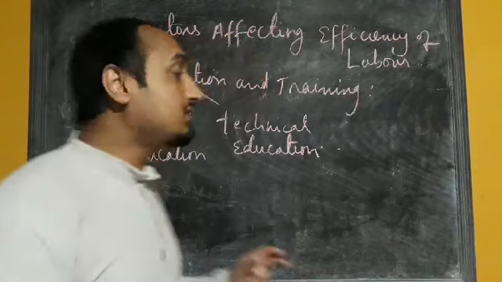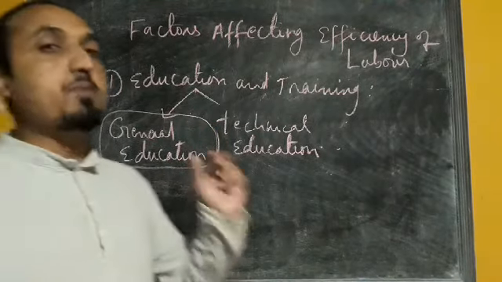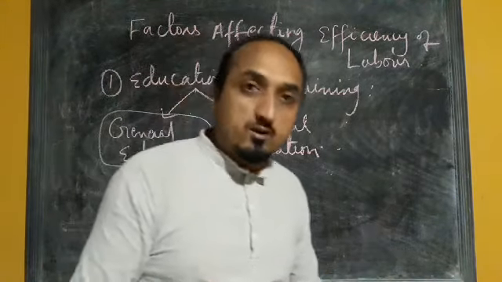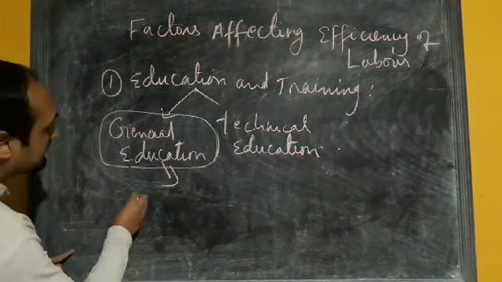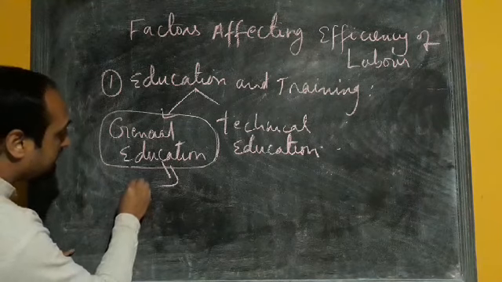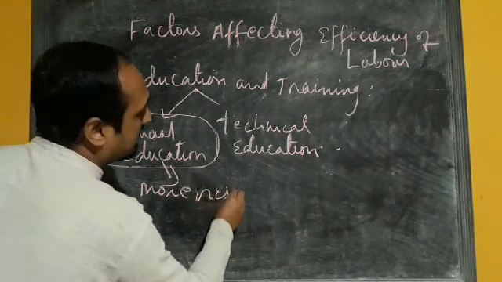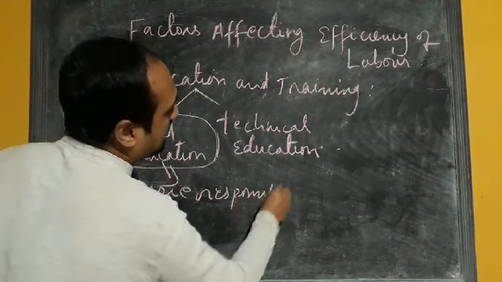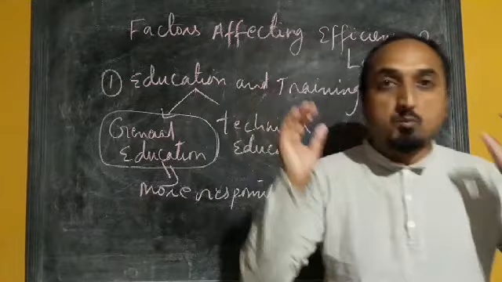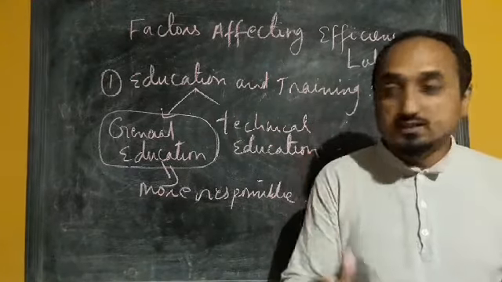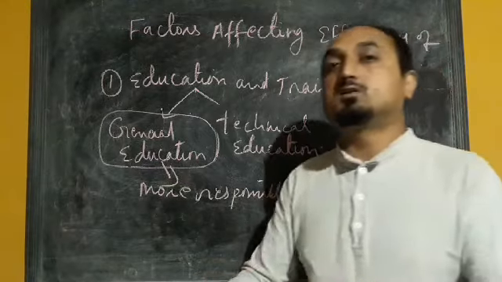This general education helps to make a worker more responsible. General education helps workers to become more responsible, and if the workers are more responsible, more sincere, then obviously the efficiency of workers will improve.